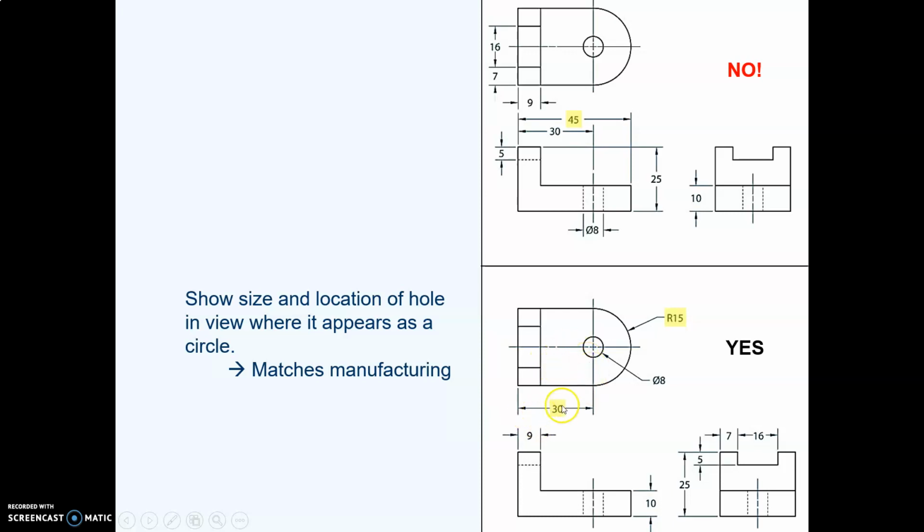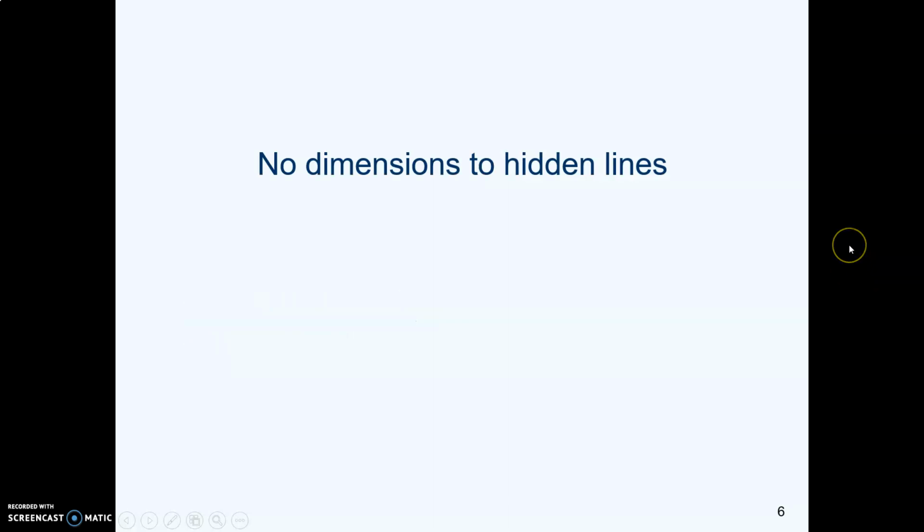So the person in the shop will locate the center of this arc, the 30, and then they will put a radiused end on it. That was the contour rule.